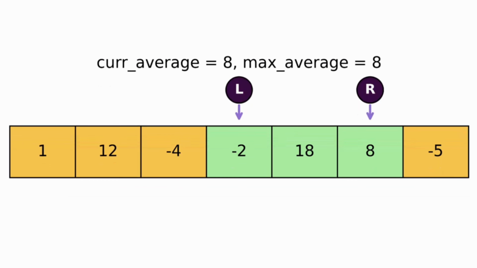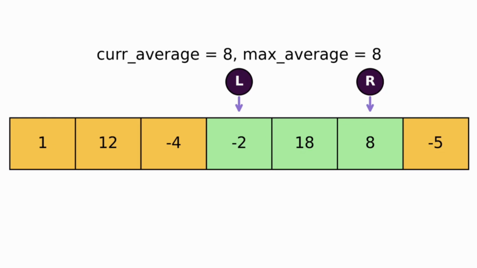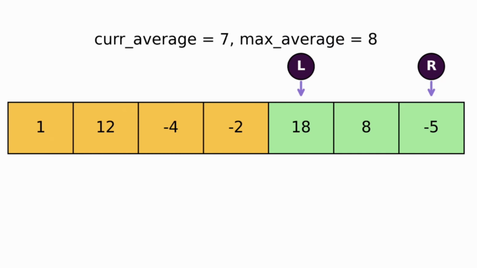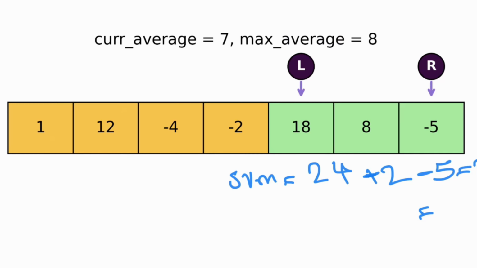And then here we have 12 minus 4 plus 8, which is 24 divided by 3 is 8. And here we have 24 minus 2, which is plus 2, minus 5, which is 21, divided by 3 is 7.